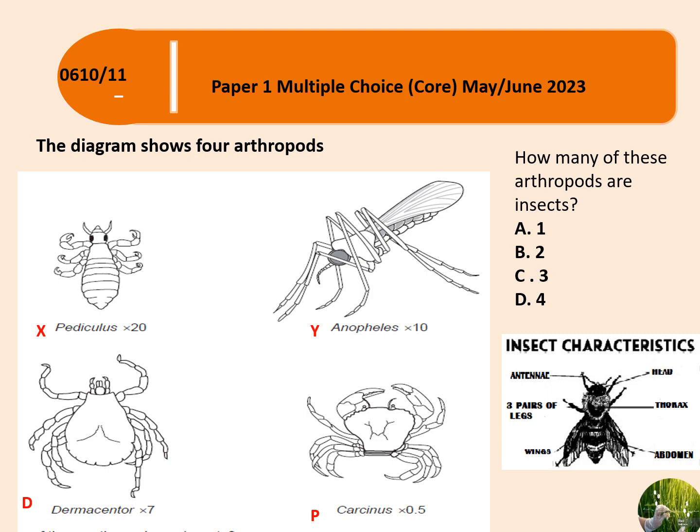So X has 3 pairs of legs. When it comes to Y, it also has 3 pairs of legs. D has more than 3 and P also has more than 3. So that shows only X and Y are insects. Therefore, answer is B, which is 2 insects.